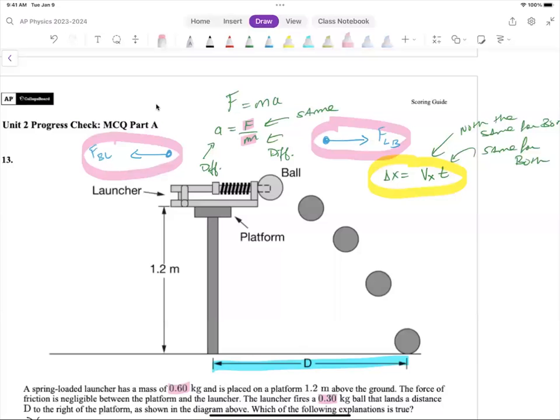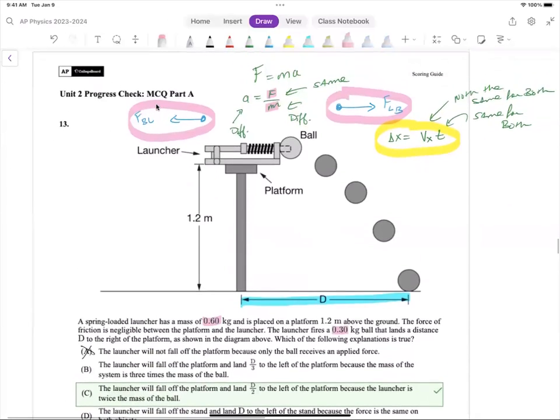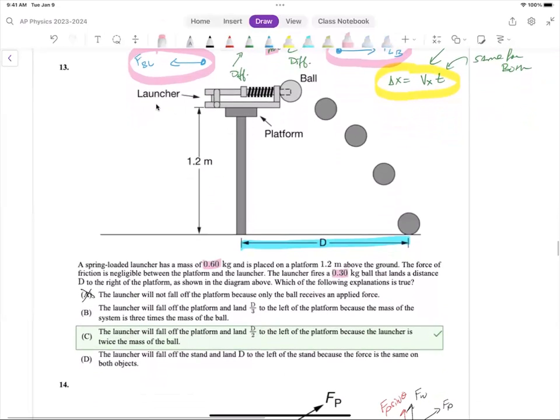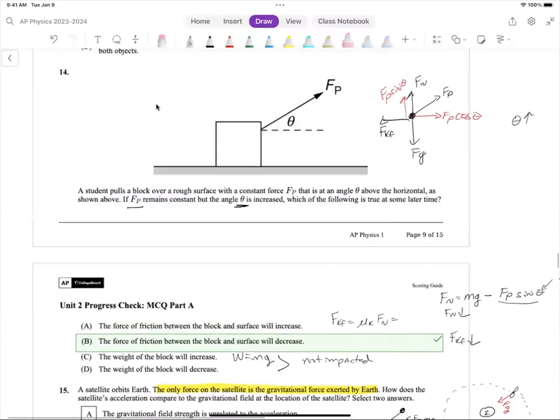And that's because the mass is twice as big. And notice the mass is on the bottom. So it's C, because once I have an idea that the initial velocity in the X direction of the launcher is half the velocity of the ball, I now will go half the distance. That's a tricky one. I'll agree with that.